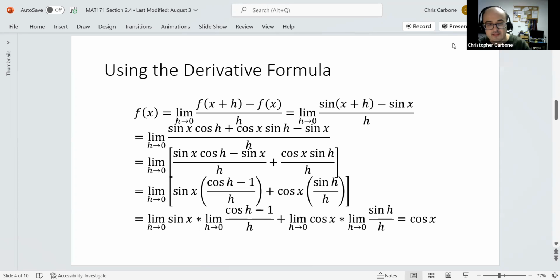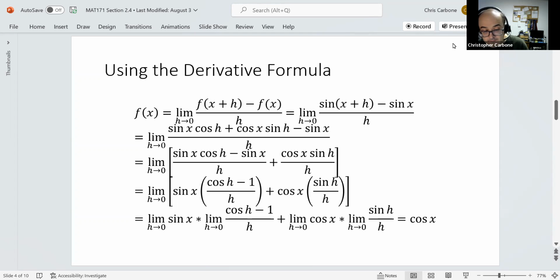Based on those trigonometric identities, this is the limit as h approaches 0 of the sine of x times the cosine of h, plus the cosine of x times the sine of h, minus the sine of x. We could break that apart: the limit as h approaches 0 of the sine of x times the cosine of h, minus the sine of x, divided by h, plus the cosine of x times the sine of h divided by h.